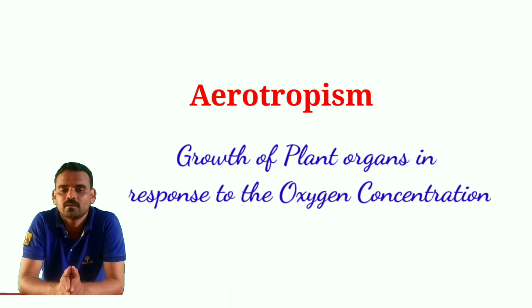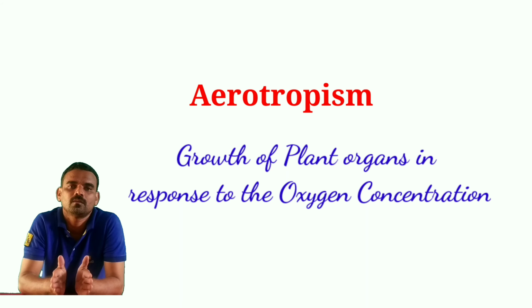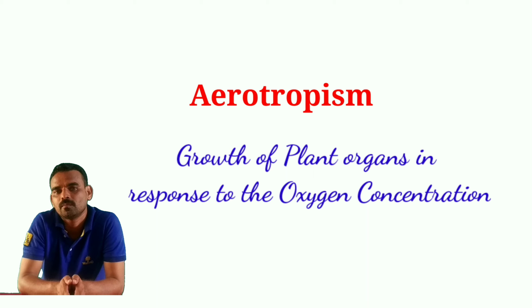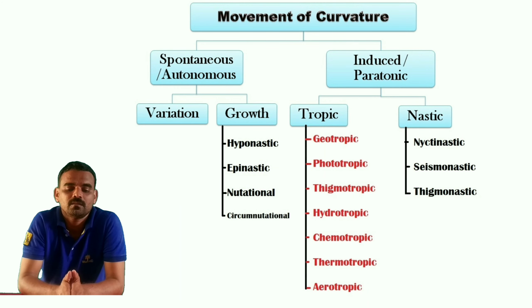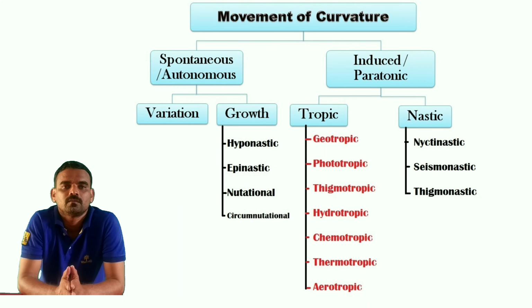Last type, that is the aerotropism. Here, in case of aerotropism, the growth of an organ is taking place according to the O2 concentration or oxygen concentration. These are certain tropic movements which are found in the plants.